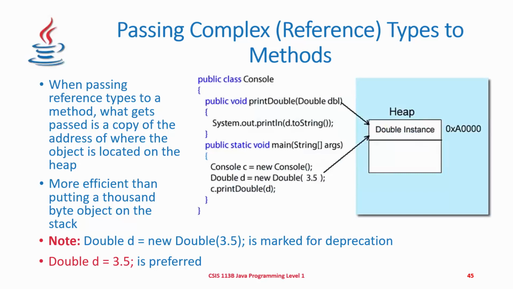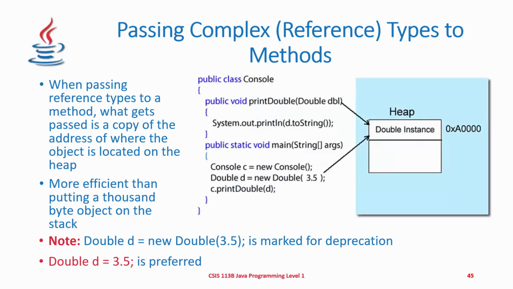Uppercase D for double means that you're actually using the class. There is a class in Java that is also called Double, and it stores double values, but it also has some properties and methods that go along with it. So this type of double is much larger than just the literal value of a double, and it wouldn't fit on the stack.